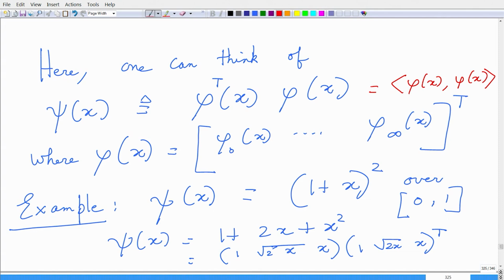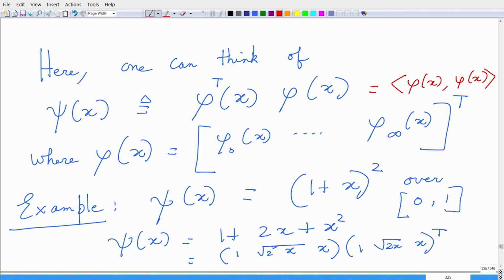So, let us take a finite case and see how this can be realized. Suppose we define psi of x as the function 1 plus x whole square over the interval 0 comma 1, which is a closed interval. I can expand 1 plus x whole square as 1 plus 2x plus x square, and this can be thought of as a dot product of two vectors, with 1 on the first coordinate, root of 2x on the second coordinate, and x on the third coordinate.